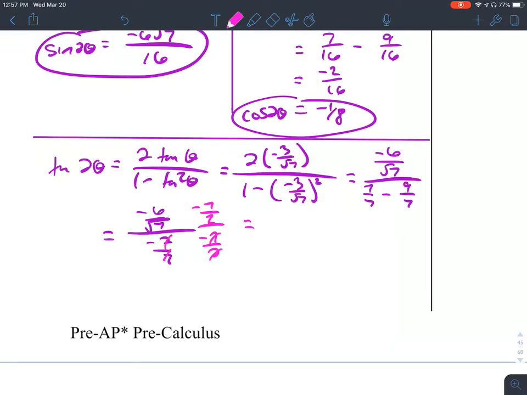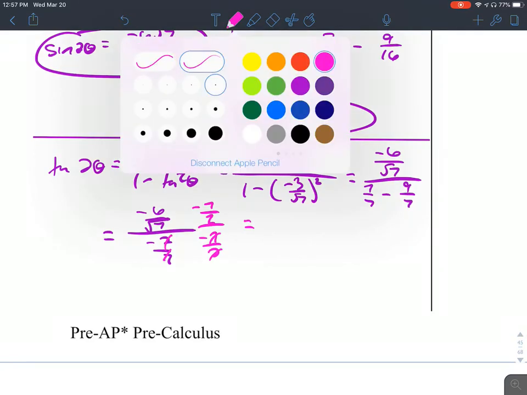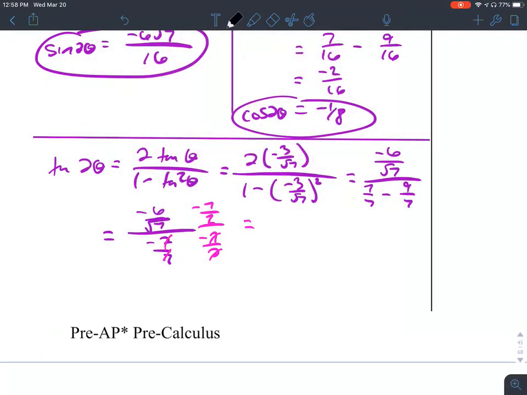And then I'm going to have negative 42 over 7 square root of 7, hold on a second, I can do some more canceling here. I can divide both 2 and 6 by 2, and that makes this a negative 3. So negative 3 times negative 7 is 21 over the square root of 7.